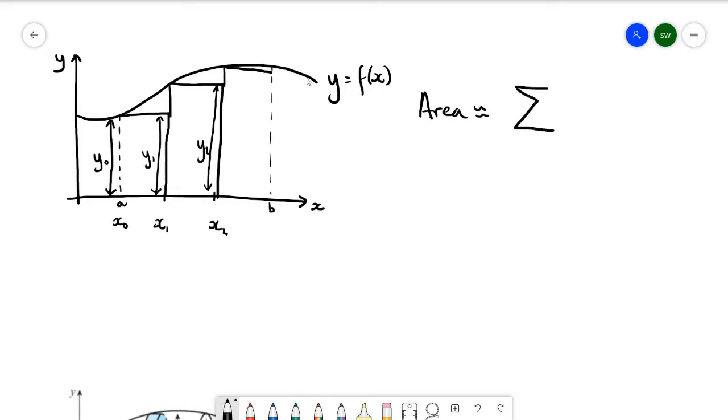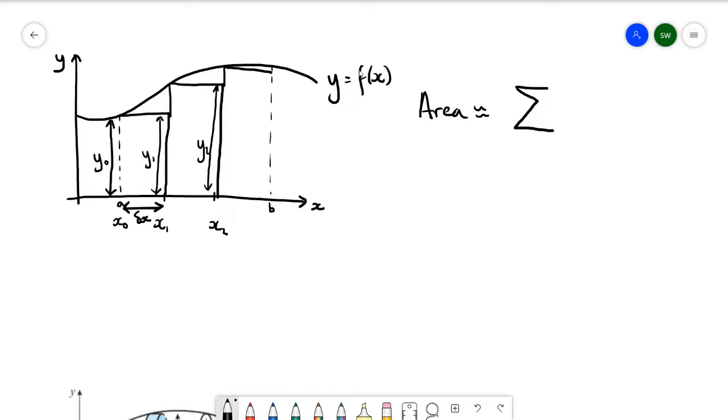Remember, this symbol means the sum, and we want to add up the area of each of these rectangles. We're going to say that the width of each rectangle, we could use any symbol, but generally we use delta x. And delta x just stands for a small value of x. So delta x is the width of each rectangle.